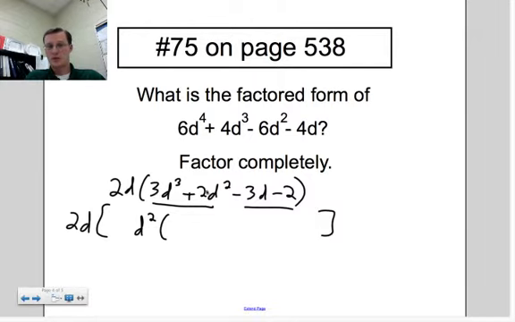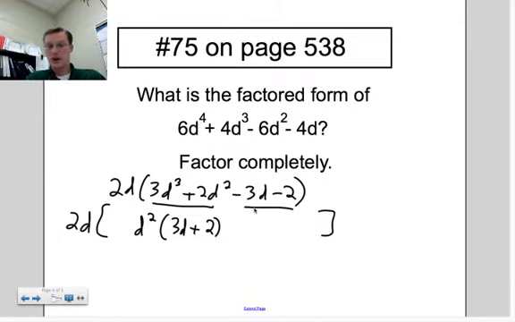So between 3 and 2, there'd be just a 1, but I don't necessarily need to write that. So 3d to the 3rd divided by d squared, that would be 3d. 3 divided by 1 would be 3. d to the 3rd divided by d to the 2nd. When you divide like bases, you subtract the exponents. And then plus d squared divided by d squared is 1, so there's no variables there. 2 divided by 1 would be 2.